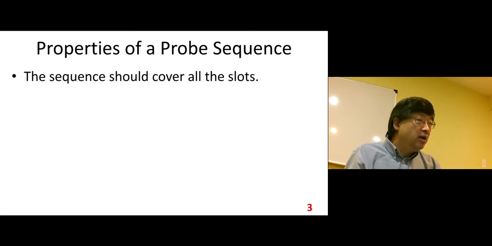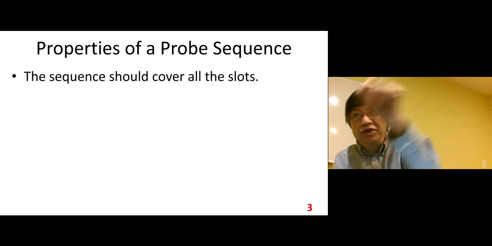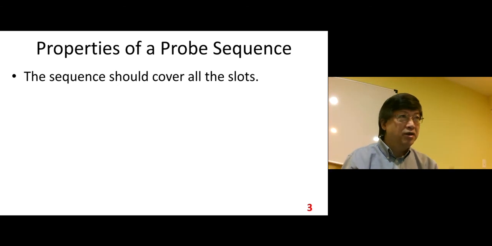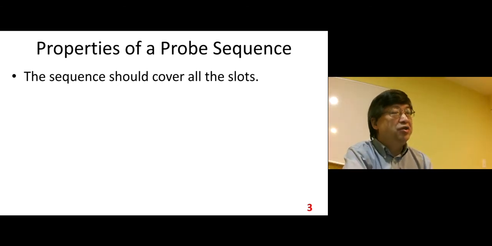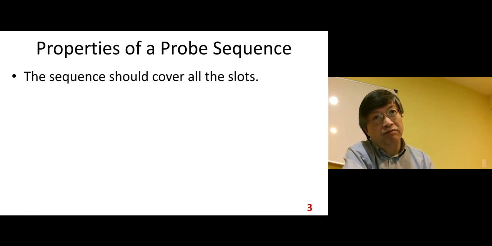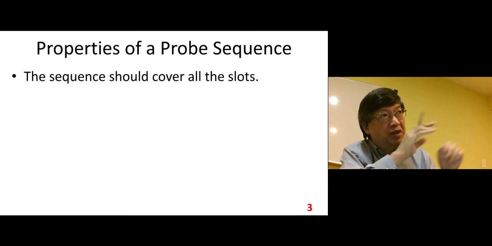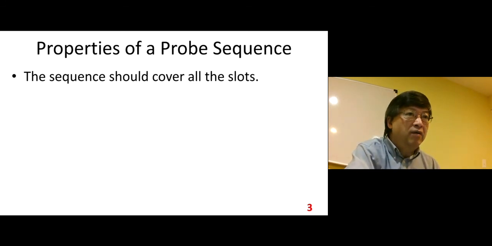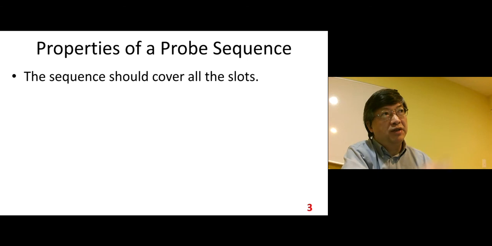It misses some of the slots, so that means those slots can never be used. In that situation, you need to change your hash function. So we can reasonably assume the sequence, based on our good hash function design, can cover all the slots. So that's the first property.